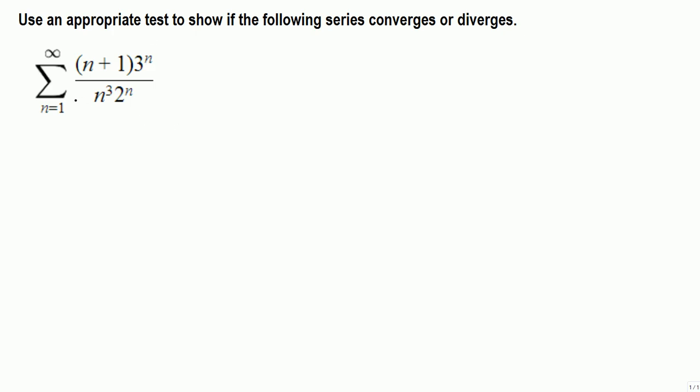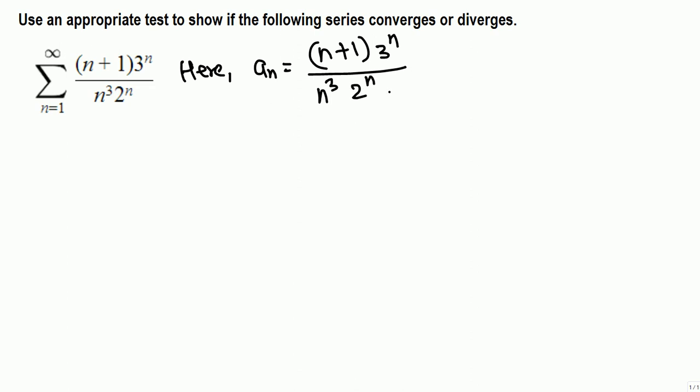We have the sum of (n plus 1) polynomial times exponential over polynomial times exponential. So we need to use the ratio test, since we have a polynomial times exponential. In any case, here the generic term a_n is (n plus 1) times 3^n over n cubed times 2^n, and the next term would be a_(n+1).